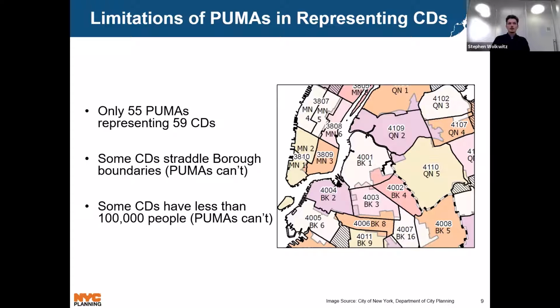And then remember that 100,000 person threshold that PUMAs can't fall below. Well, some community districts actually have fewer than 100,000 people.